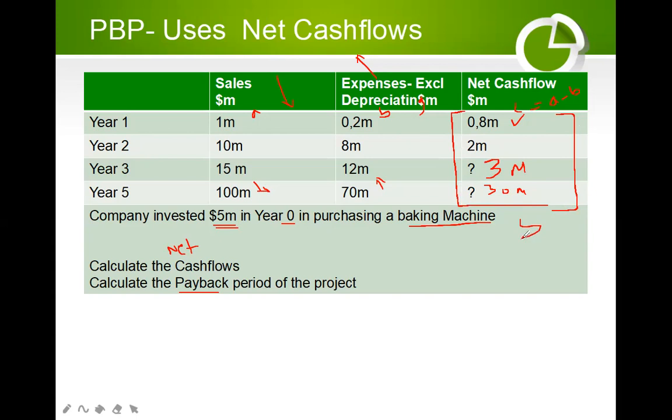That's the question. It's very simple: 5 million minus 0.8 minus 2 minus 3. Then we have covered it.